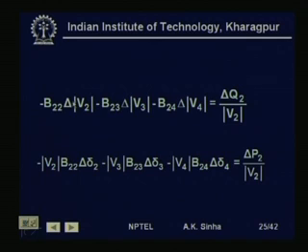Here we had this term V2 into V2, V2 into V3, V2 into V4. So, what we have done is we have taken out that V2 term and divided it here.